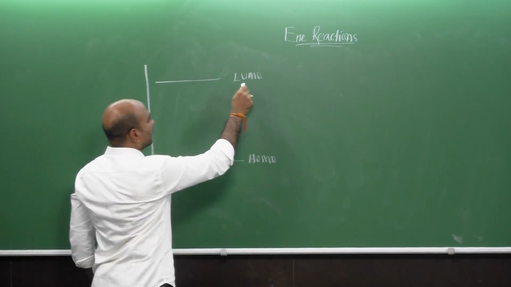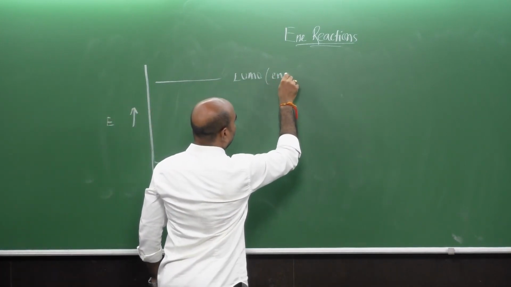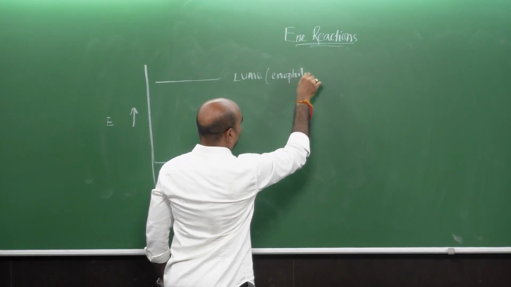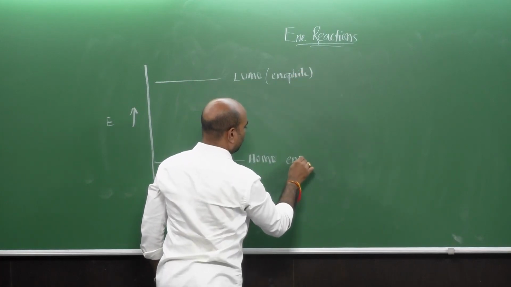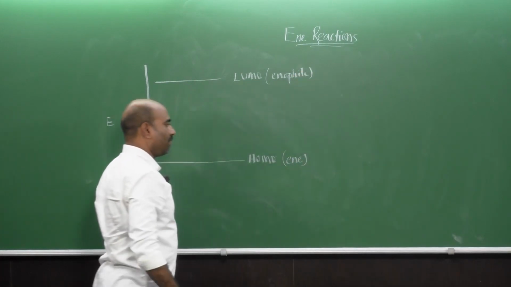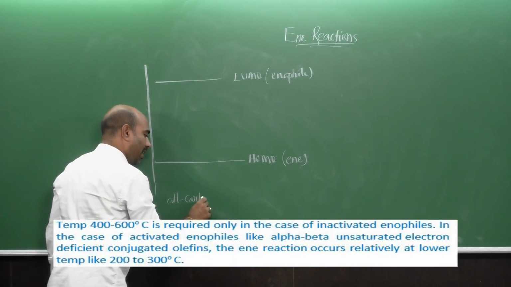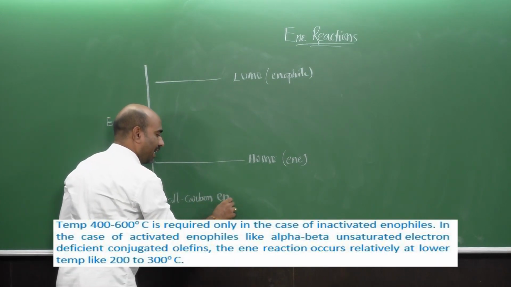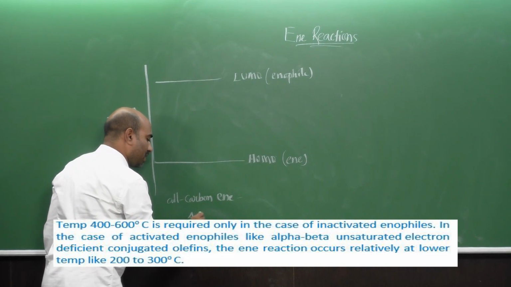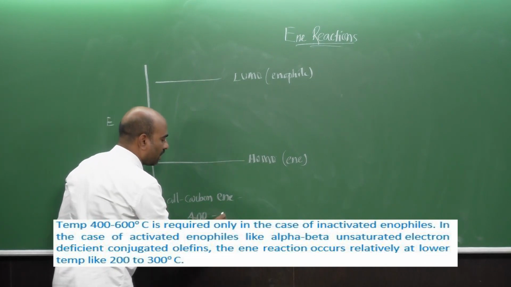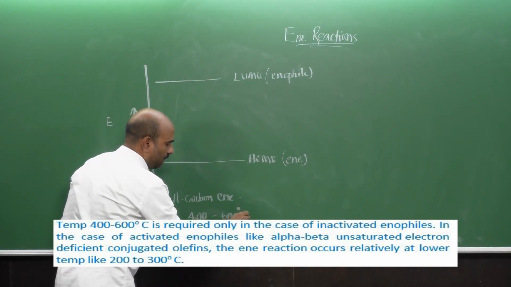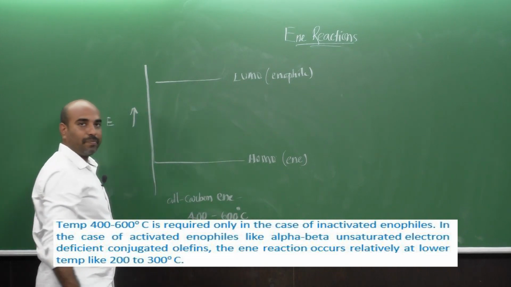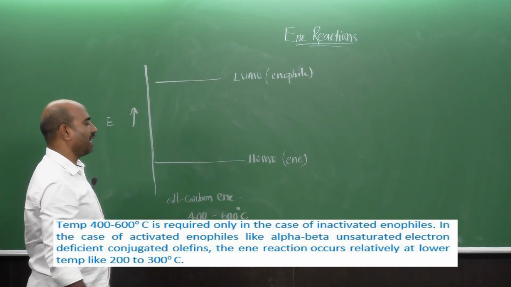So, LUMO is selected from the enophile and HOMO should be selected from the ene. As discussed, in an all carbon ene reaction, the required temperatures will fall in between 400 to 600 degrees centigrade, right. So, which is huge amount of energy.